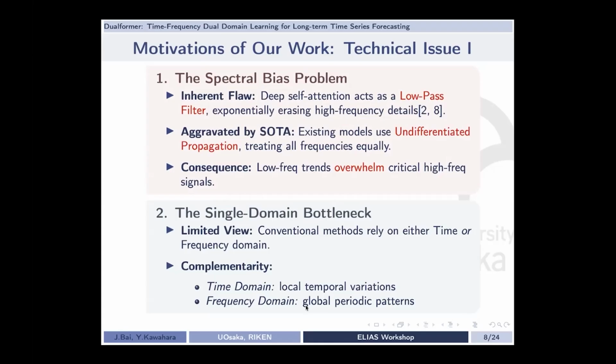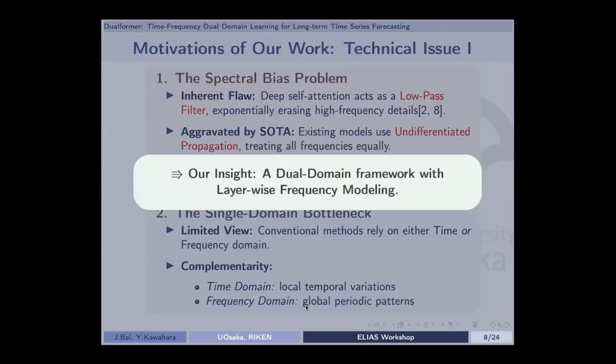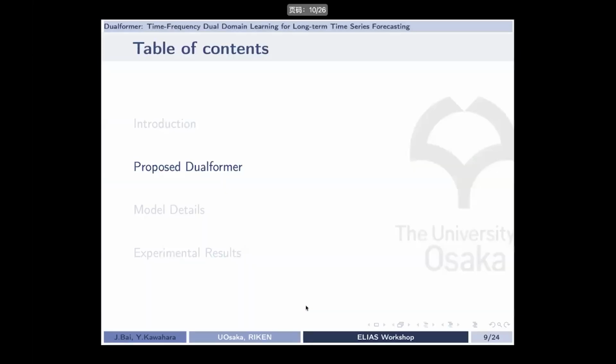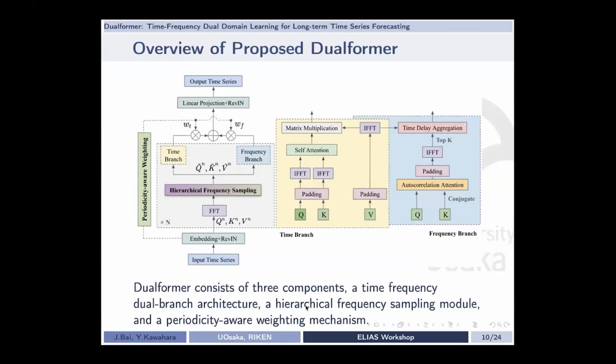And here comes our insight. We are trying to build a dual domain framework with layer-wise frequency modeling, which can address this kind of frequency bias issue. So here's the overview of our proposed Dualformer model. It consists of 3 key components: one time branch and one frequency branch in parallel.